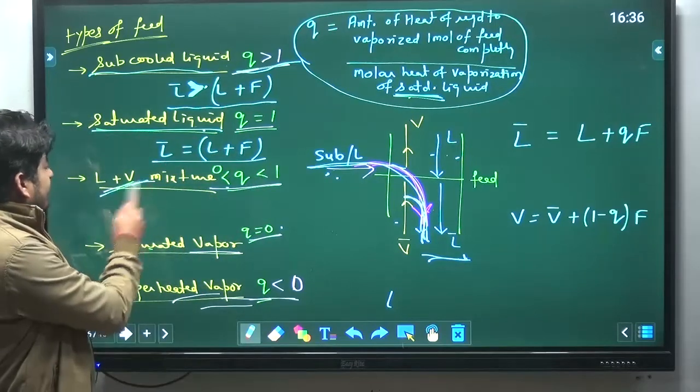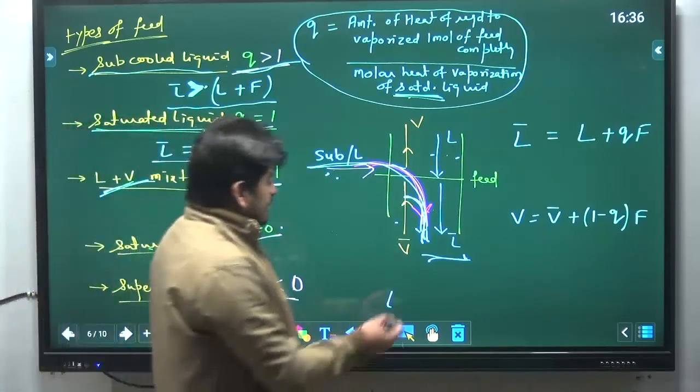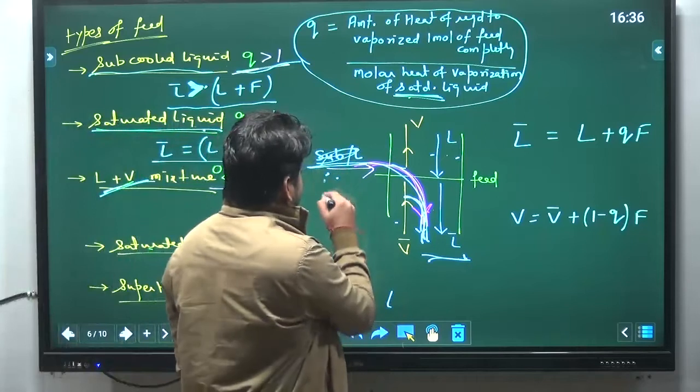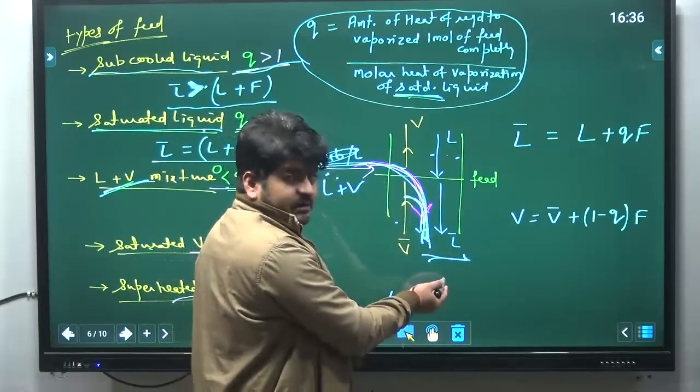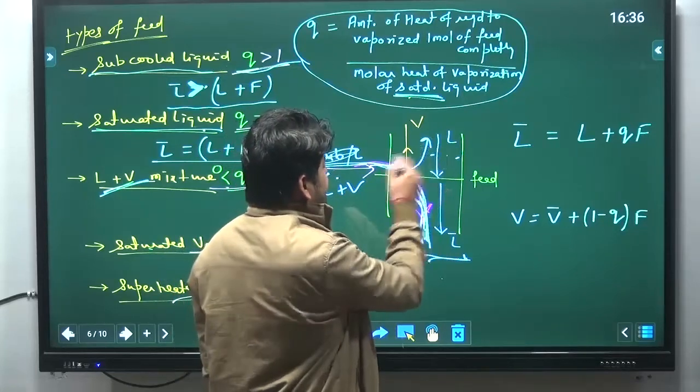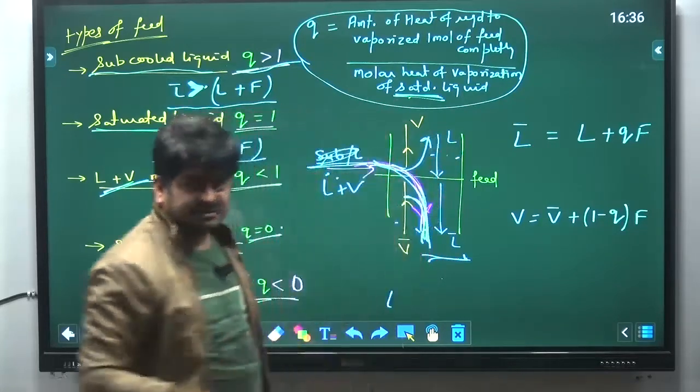If it is a mixture of liquid and vapor, then whatever feed you are sending, some feed will go in the stripping section, and some feed, the vapors, will go in the rectifying section.